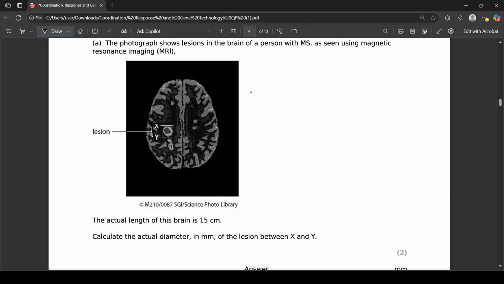Now if we measure the MRI image with a ruler, let's draw it up till here and here. Please pardon my line, it's not straight at all.